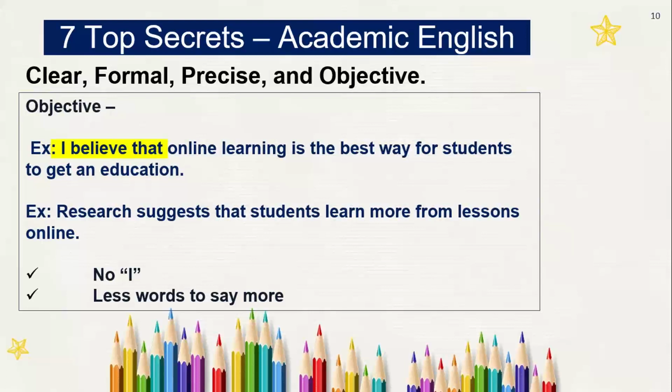So all the time when I'm reading my papers for students, I always cross out, I believe that, I feel that, I know that. First of all, you're saying too many words, right? First of all, it's too many words because you always want to say the most with the least words possible.